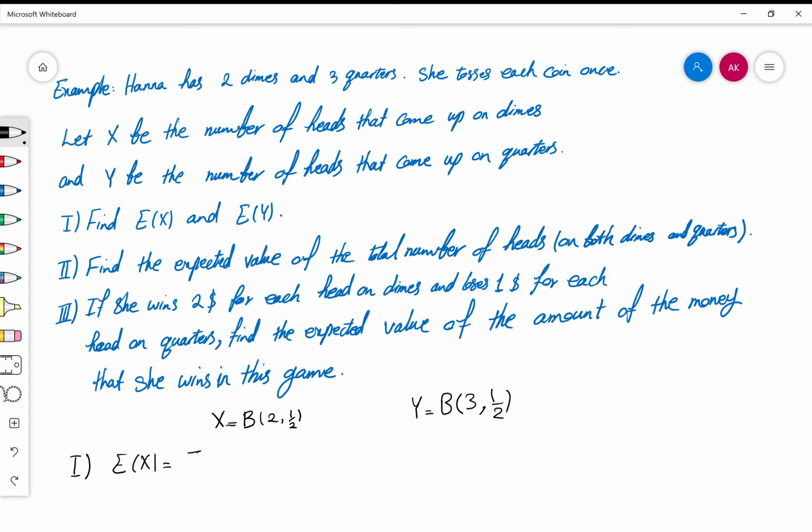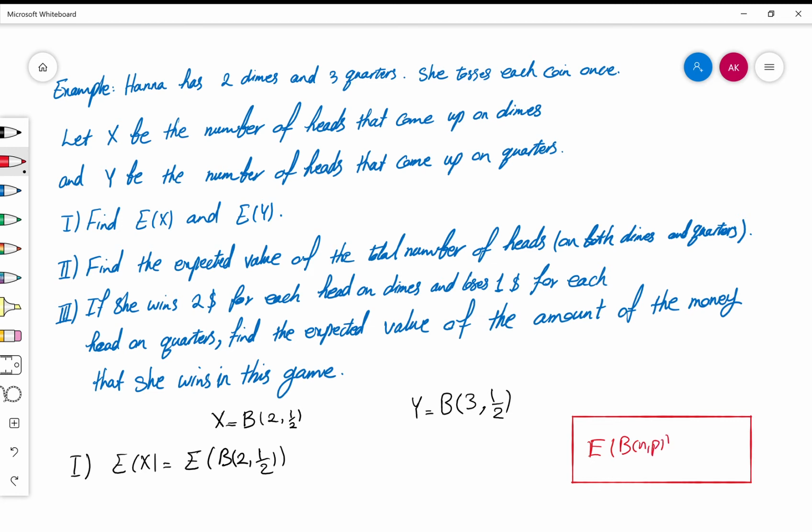That's nice. Now, part 1 says find E of x. Well, this is a very nice practice of the general formula which says the expected value of a binomial (n, p) is just n times p.